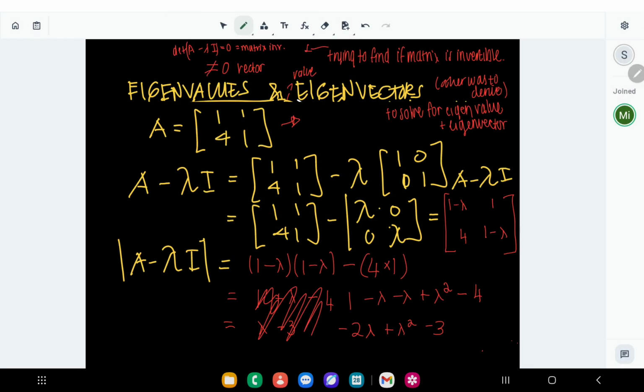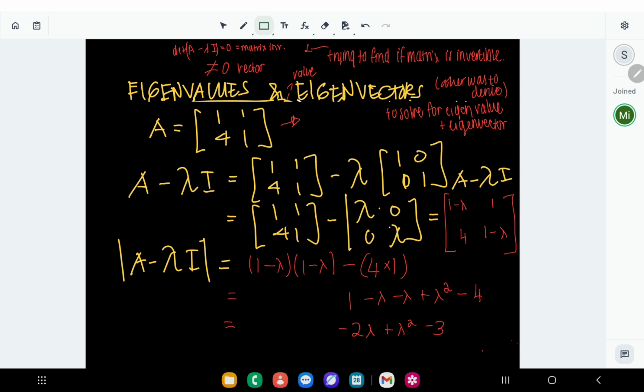Okay, so that is your, what is that? That is the determinant of A minus lambda I. Are you sure about that? Thank you, 3. That is 1 minus lambda, so that is minus 2 lambda.